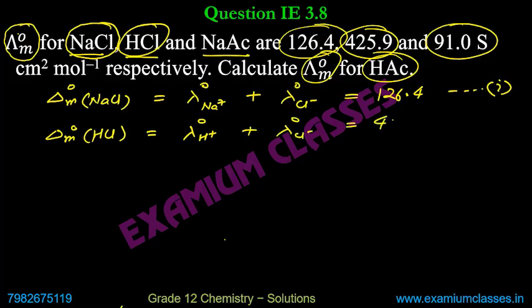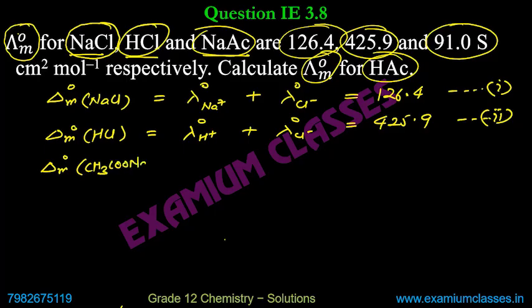It is given as 425.9. Say this one is second. Now for sodium acetate, lambda m naught of CH3COONa will be lambda CH3COO minus naught plus lambda Na plus naught, and it is given as 91.0.